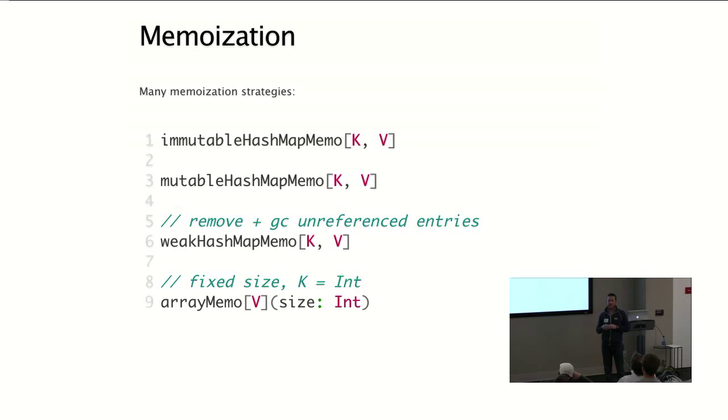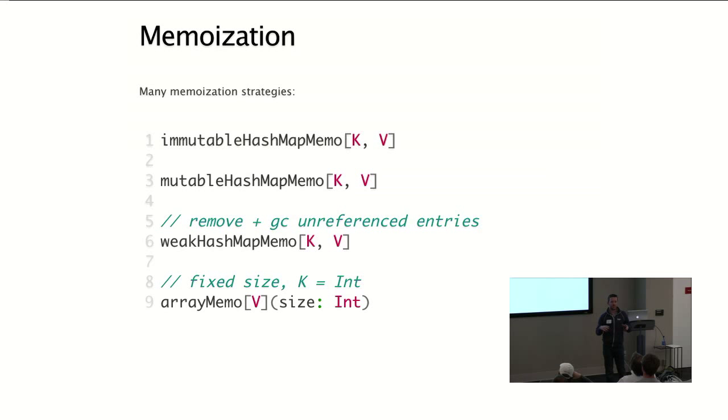And then maybe you have a fixed size cache. You have a buffer of some kind, or you only store 1,000 entries, and you can just use this arrayMemo constructor to wrap a function. It's indexed by integers, so you could do some tricks to say it'll hold 0 through 999, and then map other ranges into that if you wanted to.